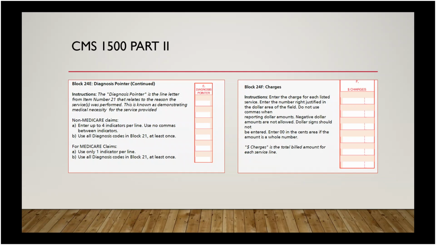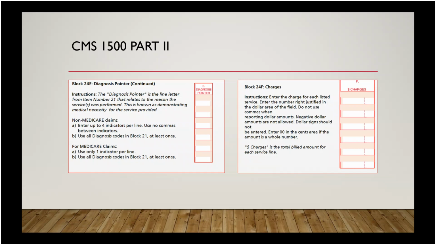24E, diagnosis pointer. For non-Medicare claims, enter up to 4 indicators per line. Use no commas between indicators and use all diagnosis codes in block 21 at least once. For Medicare claims, use only 1 indicator per line.